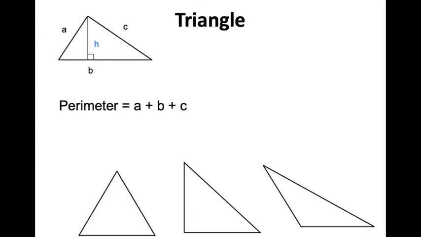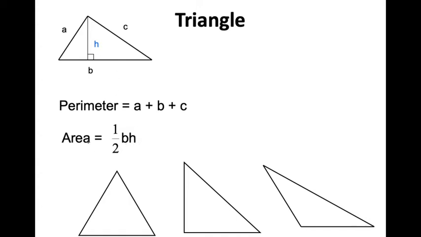Then triangles. Still dealing with perimeters and area. For a triangle which has 3 sides, the perimeter will be A plus B plus C, still the distance around. Then in terms of area of a triangle, the formula will be half base times height.